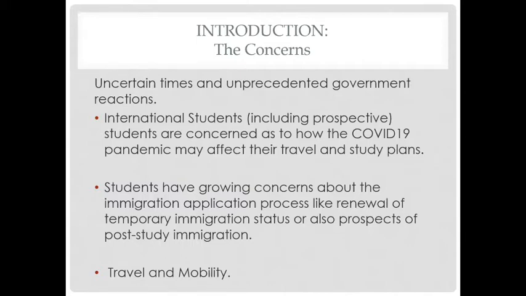Students have growing concerns about the immigration application process, for example, renewal of temporary residence status, or your prospects for post-study immigration, for example, the post-study work permit or post-graduation work permit. And then of course you have the concerns of travel and mobility. If you are an international student outside of the country currently, what impacts does that have for you traveling back to Canada or completing your program?